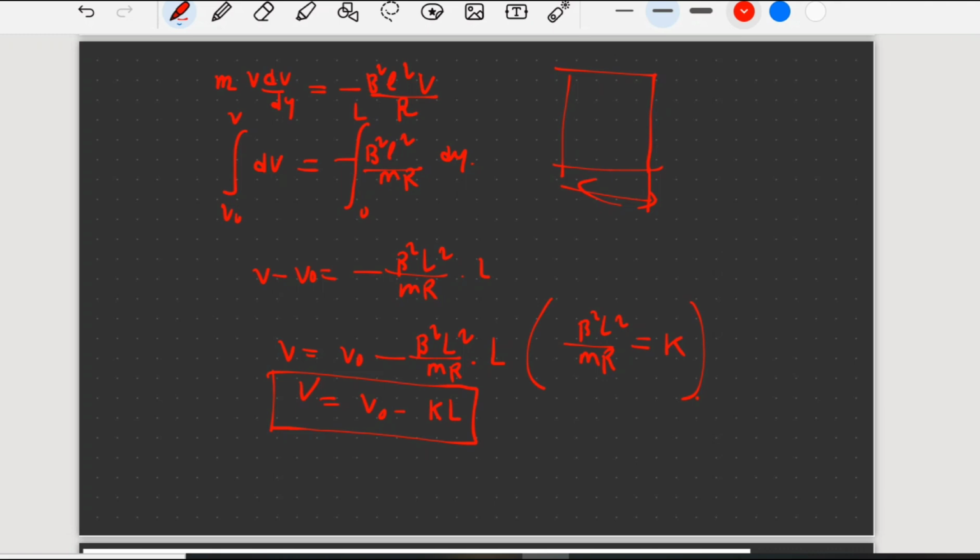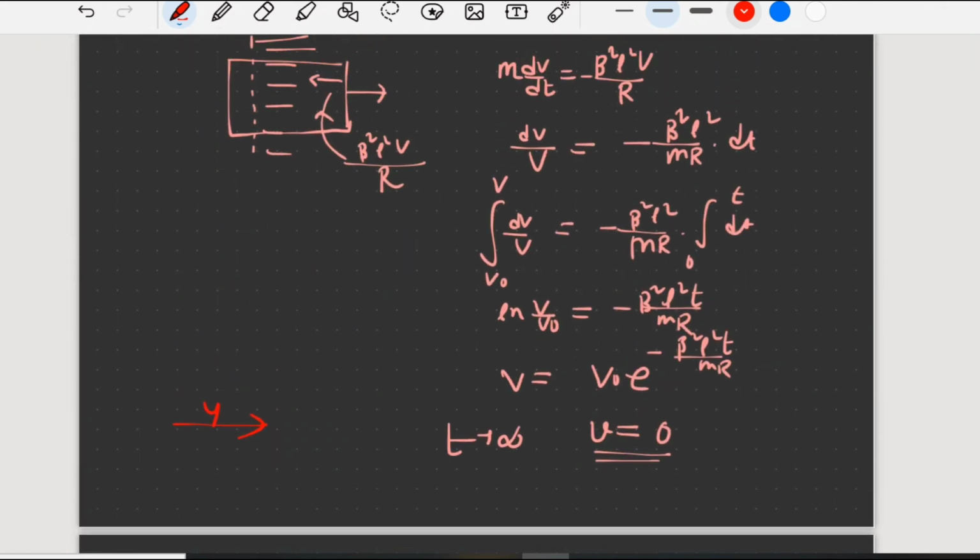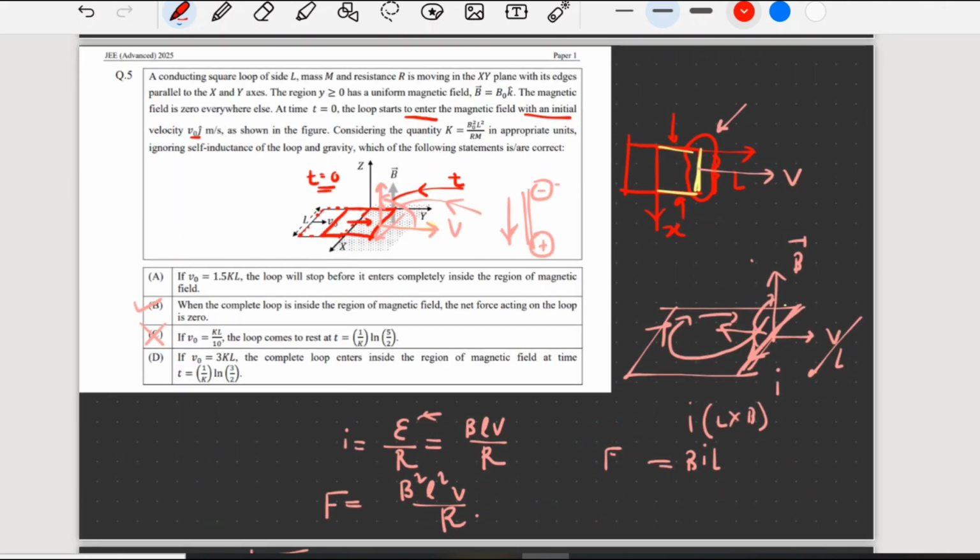Now let us study. We got v equal to v naught minus kL, but the initial velocity is given. Let's say we'll study this one, 3 into k into L. So that time 3 into k into L minus kL, that is 2 into k into L. That is the velocity of the loop when the loop completely enters the region.